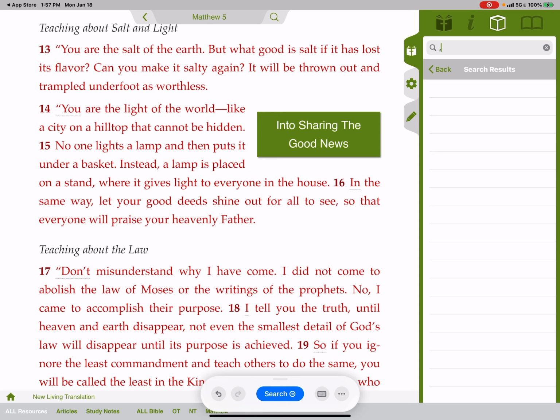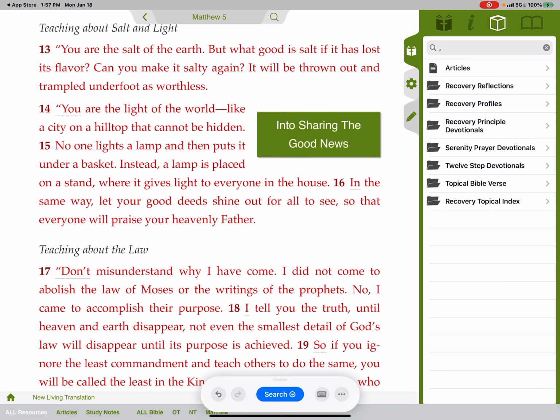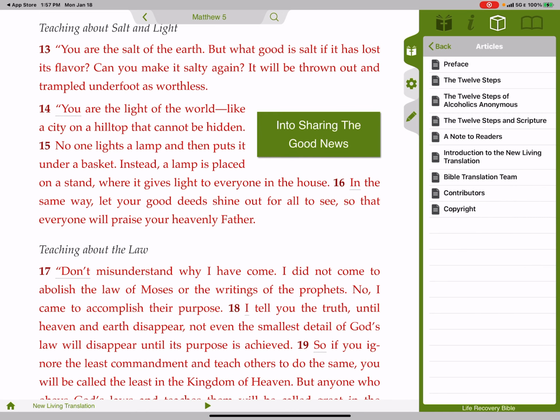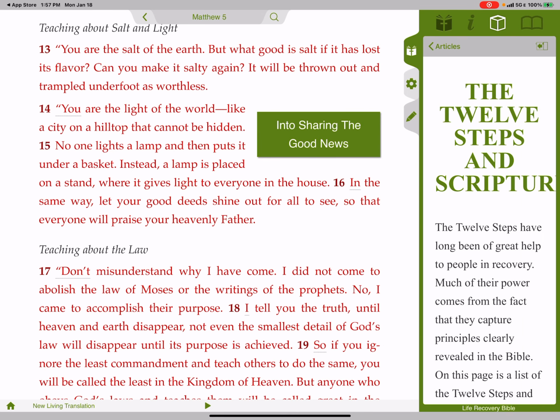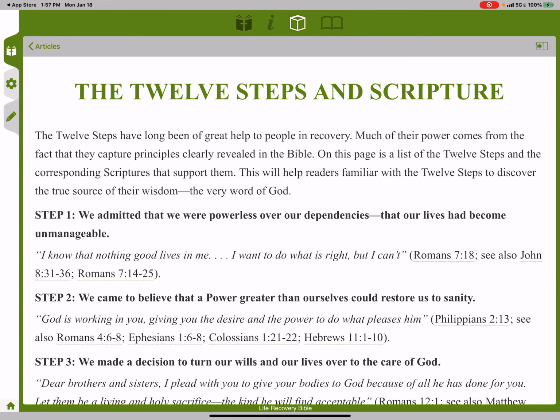So you're going to have articles, and your articles are going to be the 12 steps in Scripture. So let's take a quick look at that.